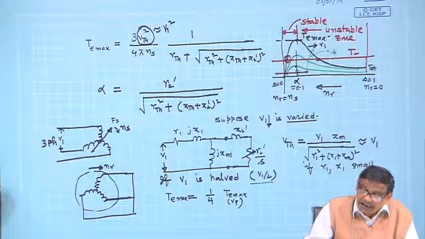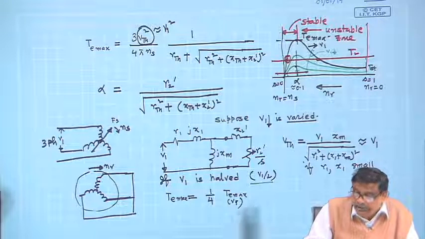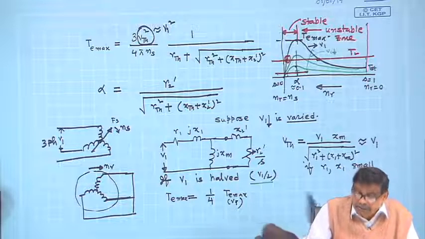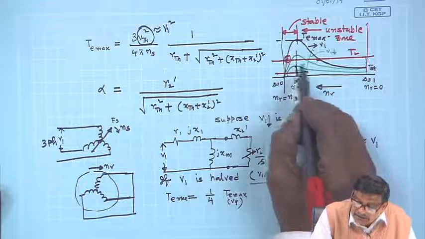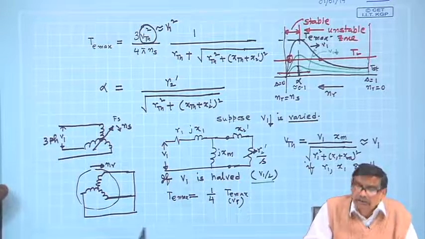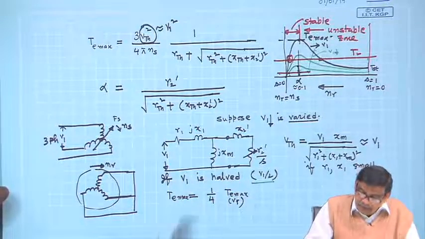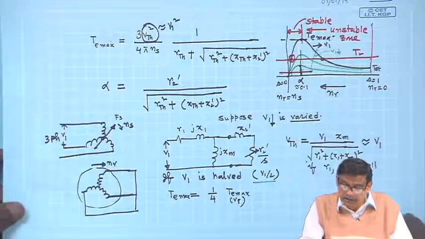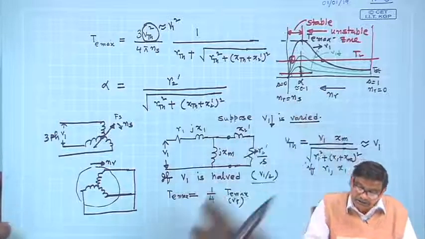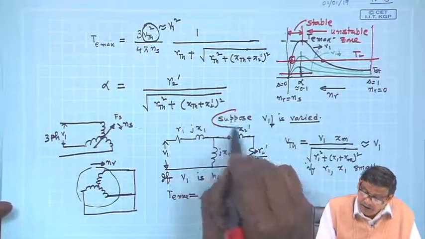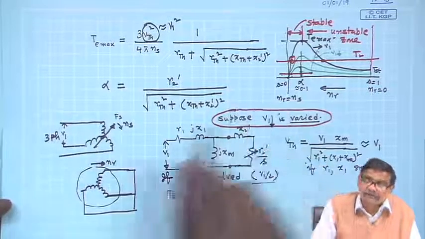You cannot connect a mechanical load which demands a load torque whose value is greater than T max now, that is this one. So, the machine will underperform. We will come to this point later when we talk about speed control of the induction motor. So, this is the effect of variation of supply voltage on the torque slip characteristics.